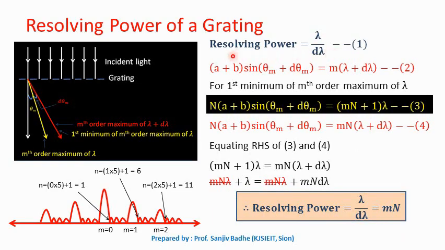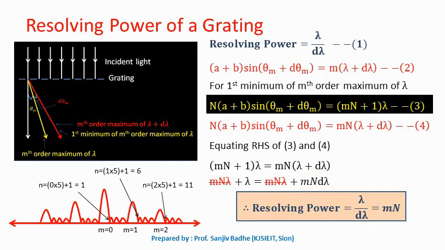So this is the relation for resolving power, lambda upon d lambda, that we will be using now. We got equation number 3 and equation number 4, and for these two equations the left hand sides were the same, so we can equate the right hand sides of the two equations. So mN plus 1 into lambda is equal to mN into lambda plus d lambda. Multiplying this lambda by mN and 1, we get mN into lambda plus mN into d lambda.